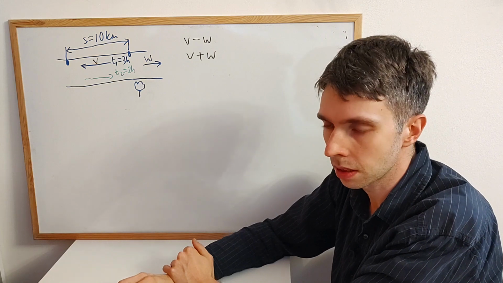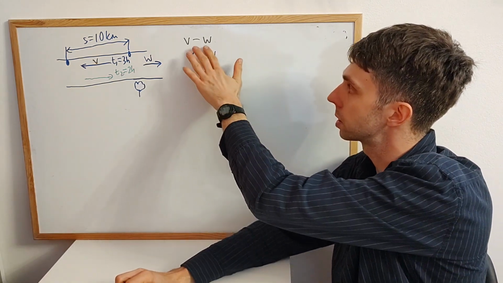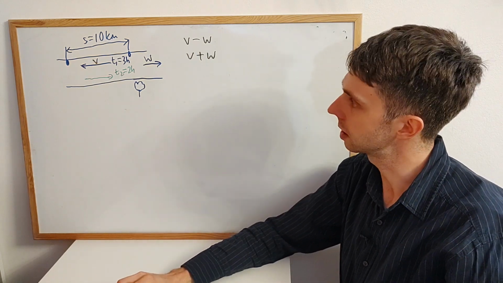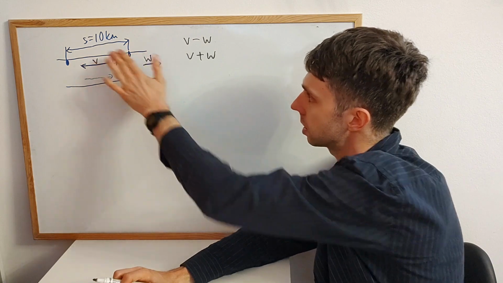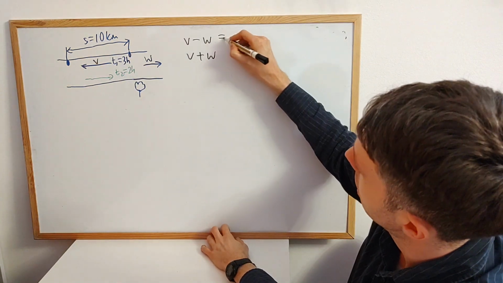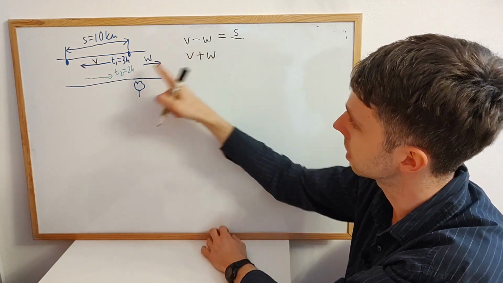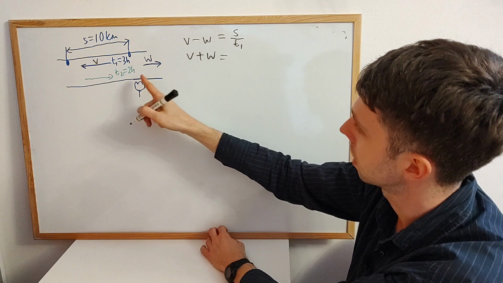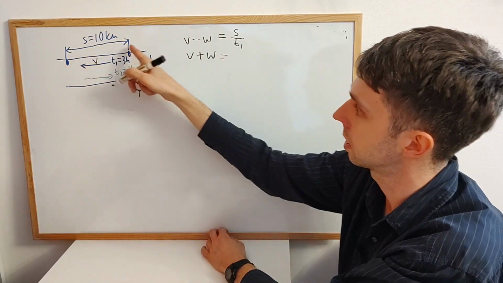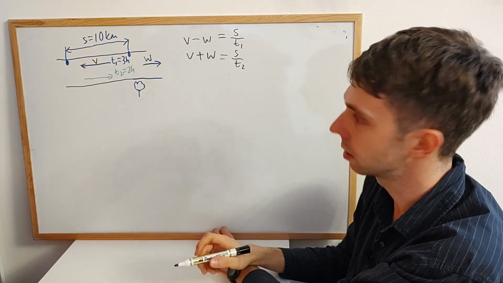All right, and in this case we can of course assume that the speed is constant, so the motion is uniform, so speed can be calculated as distance divided by time. So distance here is s, and time when he goes against the current is t1, and in the second situation distance is the same, but time is different, t2.